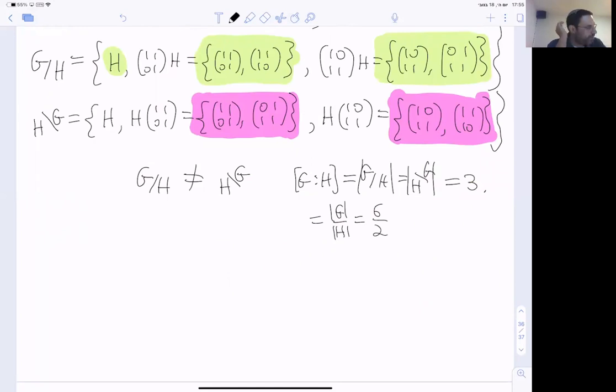So one very important consequence, this is the basis of cryptography, is the following one.